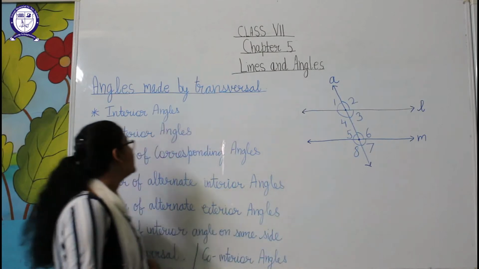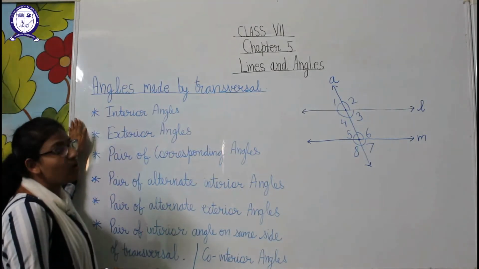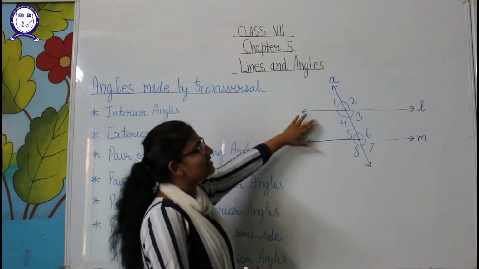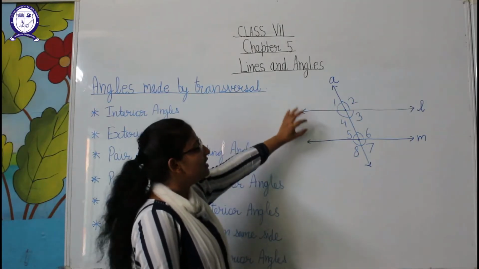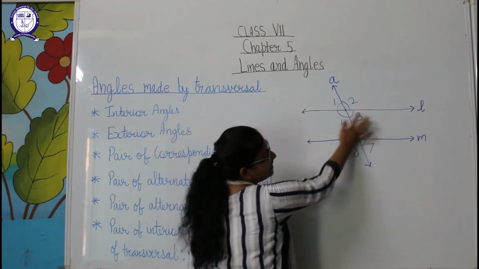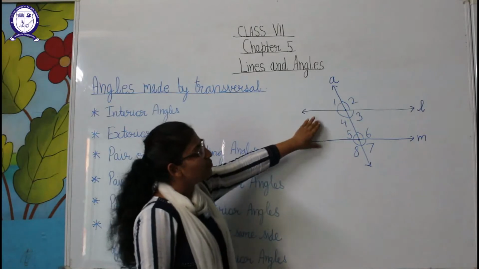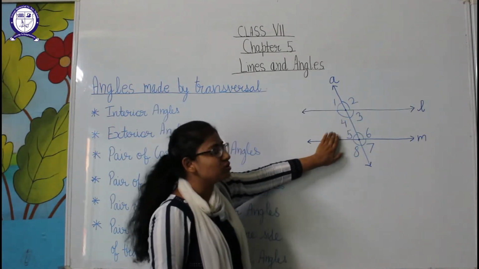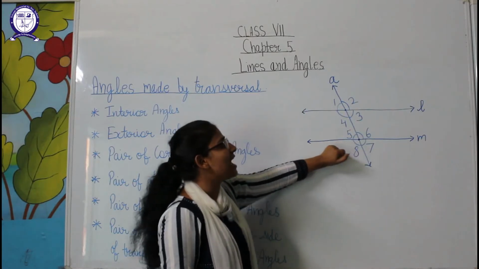So first of all is interior angles. What are interior angles? If we see in these two parallel lines L and M, the interior portion is this portion. This inside the L and M line portion is the interior portion. So the angles lying in this portion are interior angles.